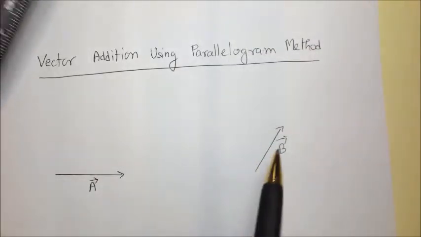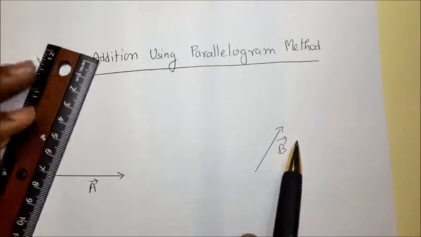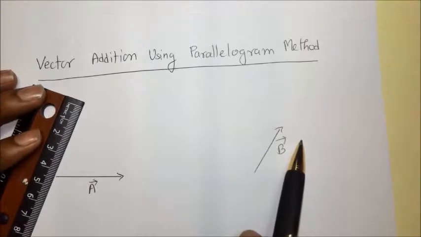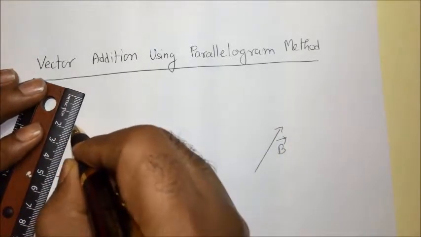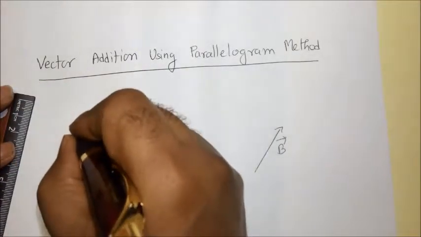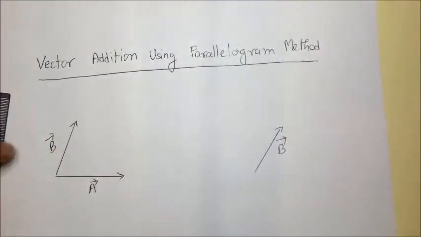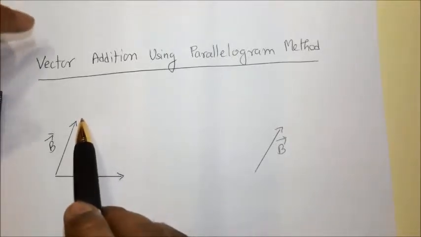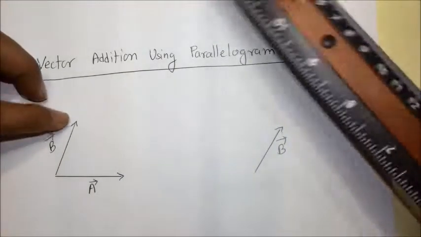Okay, so I'm going to draw B exactly the same size, same direction, same length over here. This is vector B, vector A and vector B, and then I can complete it by making a parallelogram. So what is a parallelogram?